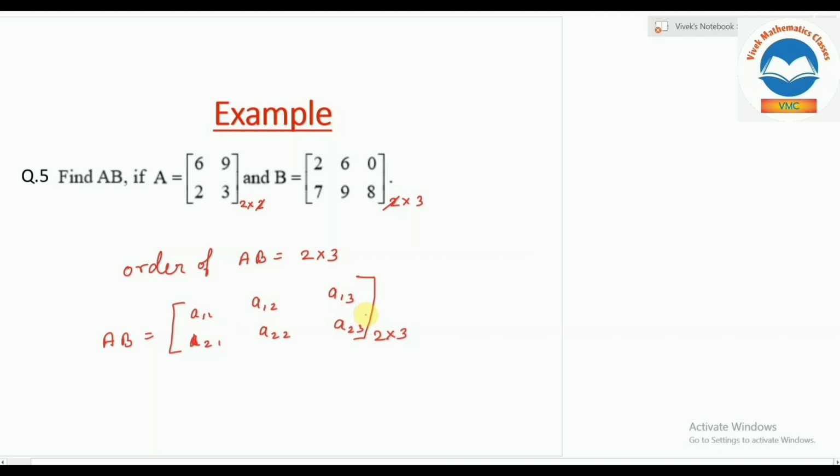So what do we need to do? We need to multiply, row by column. You want to find A11.